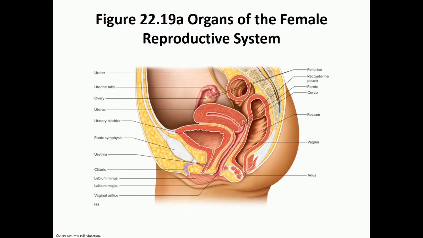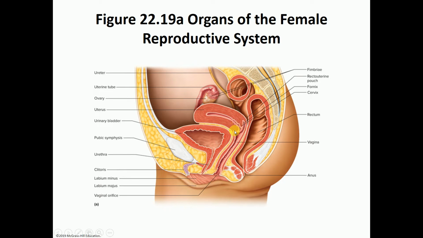Now here you can see the different organs of the female reproductive system, where you can see the ovaries. This is on one side. You can also see the uterine tube or the fallopian tube that connects to the uterus. You see the uterus is above or superior to the urinary bladder and anterior to the rectum.